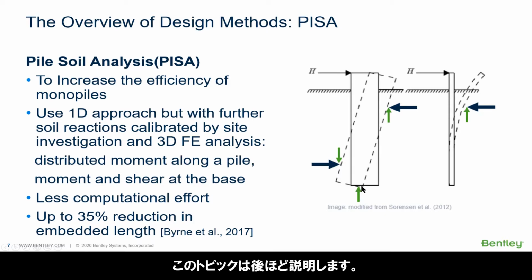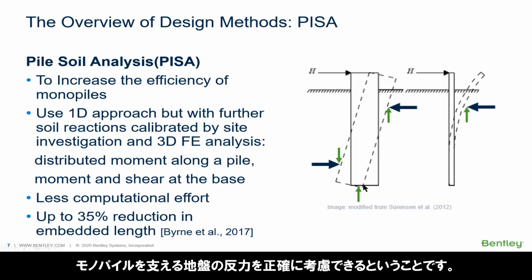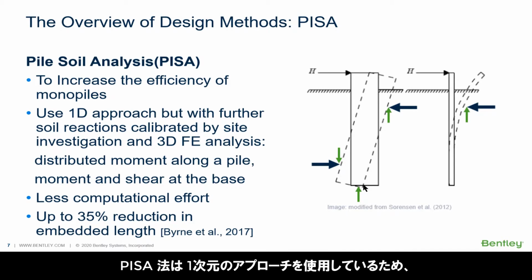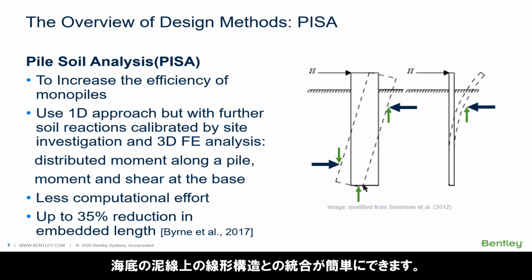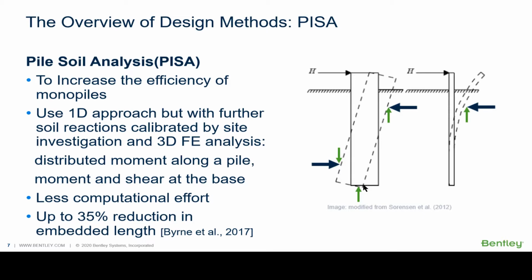We'll come back to this topic soon. Anyway, this PISA method considers the true soil reactions supporting monopiles. Because this approach uses a one-dimensional model, it is very fast. The analysis time is relatively very short, and it is easy to integrate with the linear structure above the mud line.